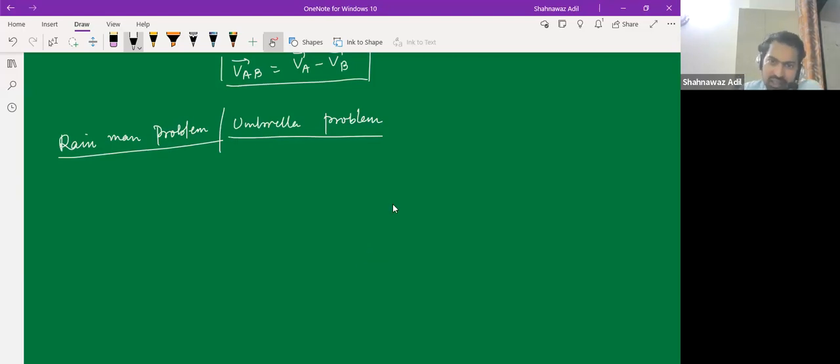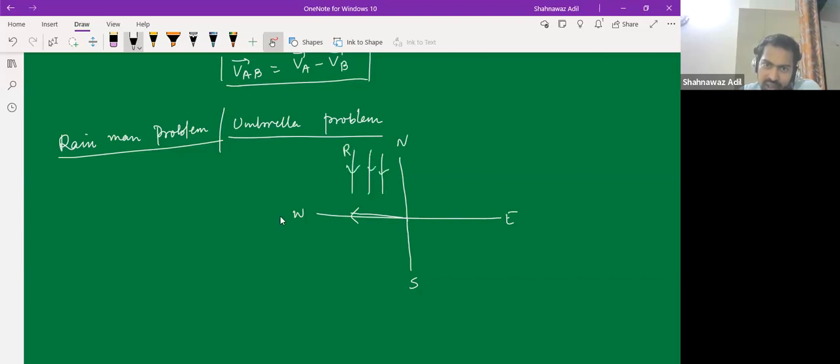So let's say that these are the directions. And let's say that the man is moving in this direction. Man is moving in the west direction. And the rain is falling in the south direction. So rain is falling like this.